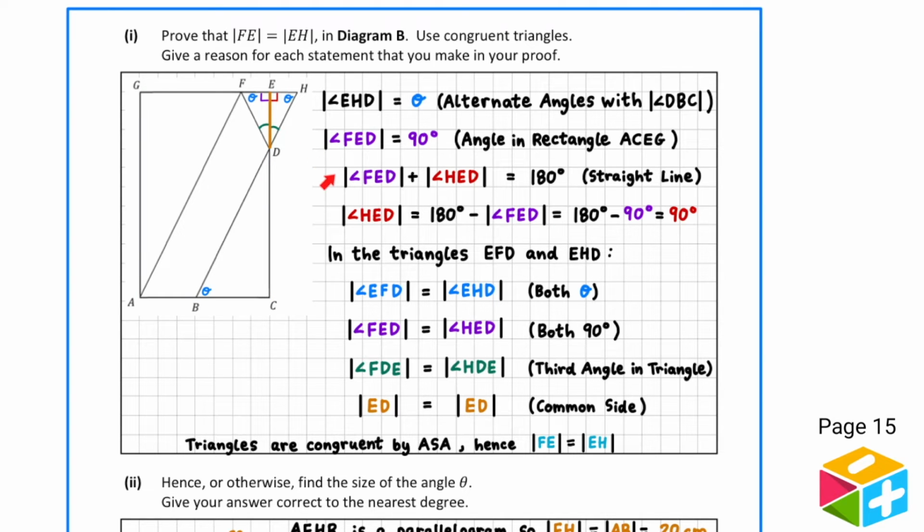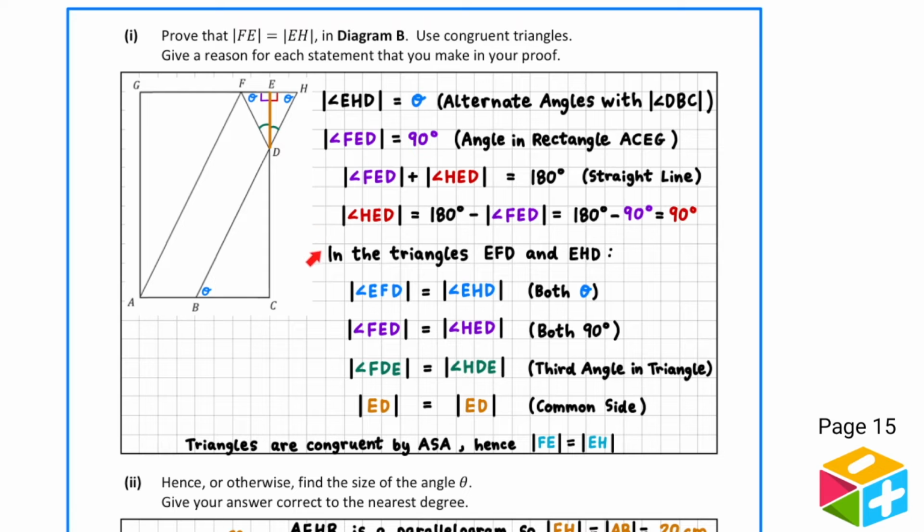We know that FH is a straight line. Since angles on a line must add to 180 degrees, we know that the angle FED plus the angle HED must sum to 180. It follows that HED will be 180 minus the angle FED. We already found that this was 90, so we end up with 180 minus 90, which is 90 degrees.